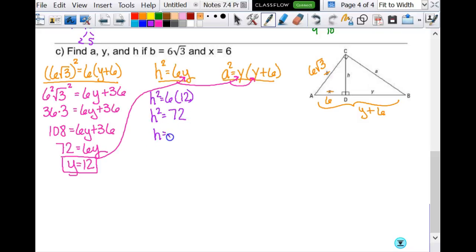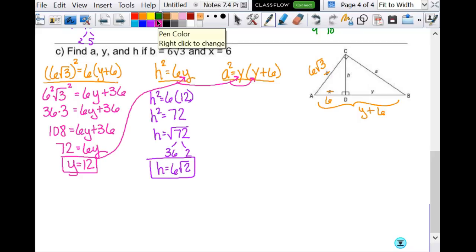So h is equal to the square root of 72. Well, two numbers that multiply to give you 72, you know them right here, 6 and 12 if you need to, but this is also 36 times 2, if you recognize that. So h is just 6√2.